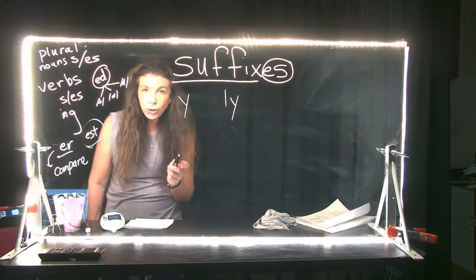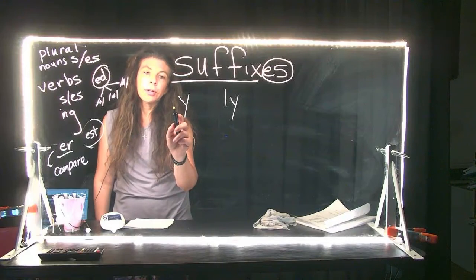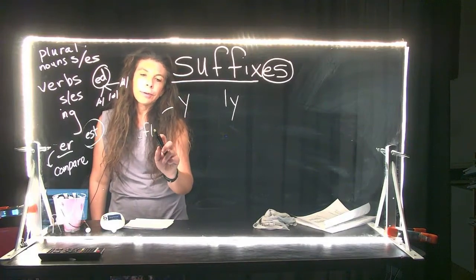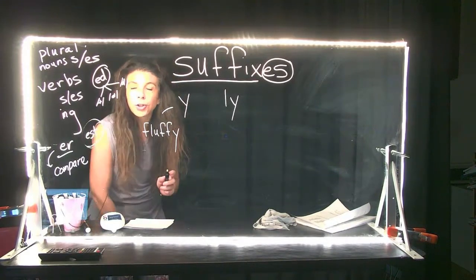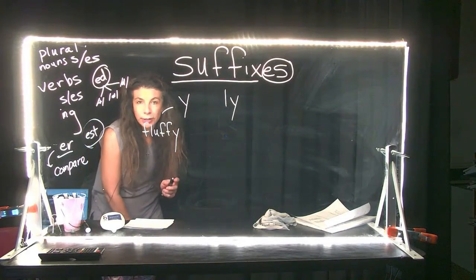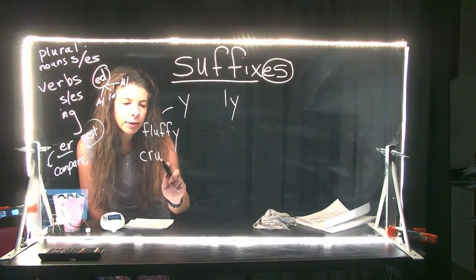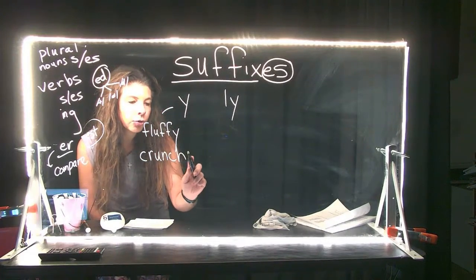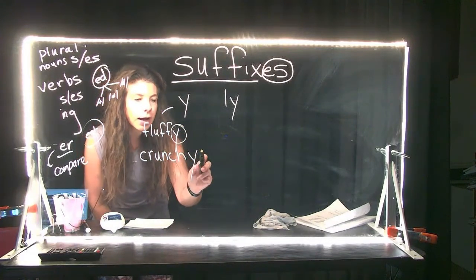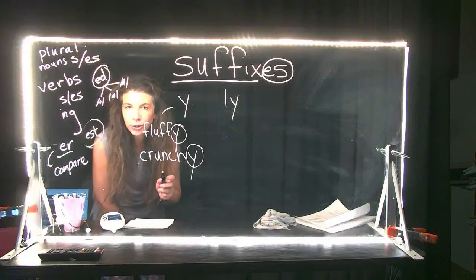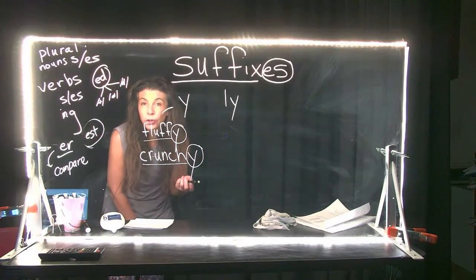Okay, so third grade, the other two big suffixes that we're going to learn about are Y and ly. Y is added to a noun to turn it into an adjective. So if you have fluff, that's a noun. But if you want to say fluffy, you're describing it as an adjective. Something might have a crunch to it, but if I'm eating crunchy cereal, the suffix Y is added to change that base word from a noun to an adjective.